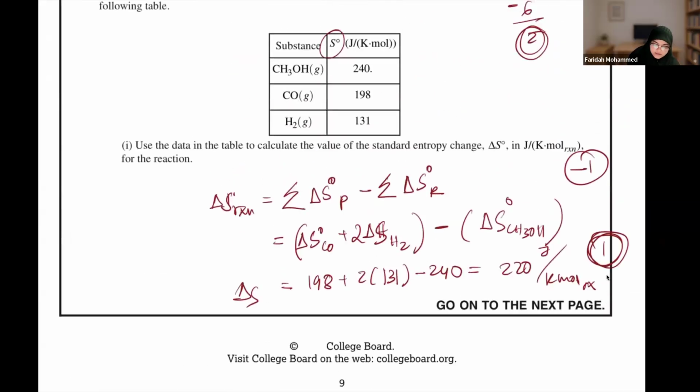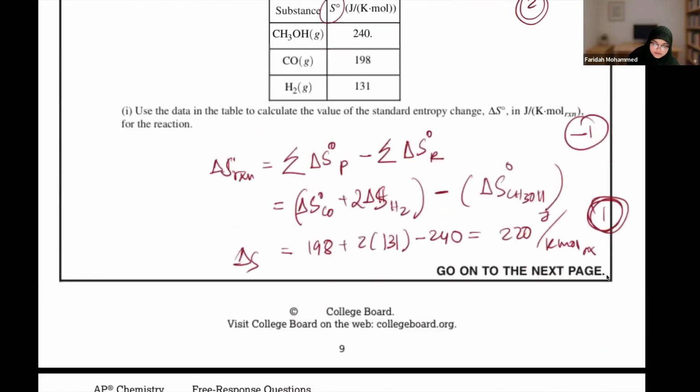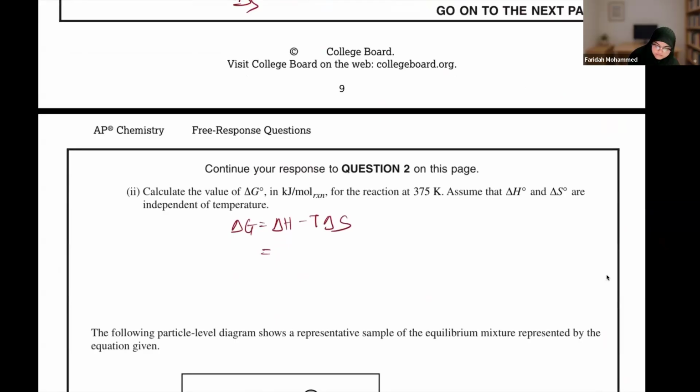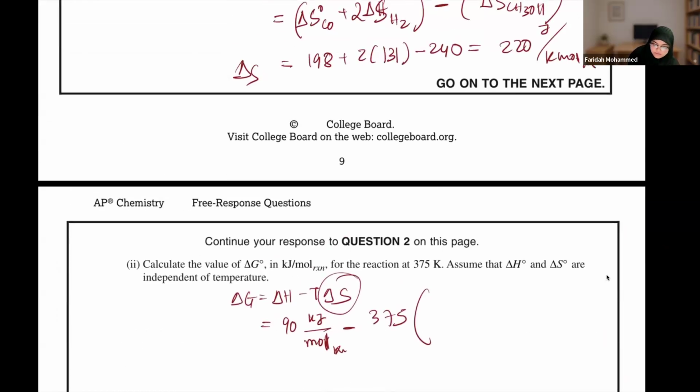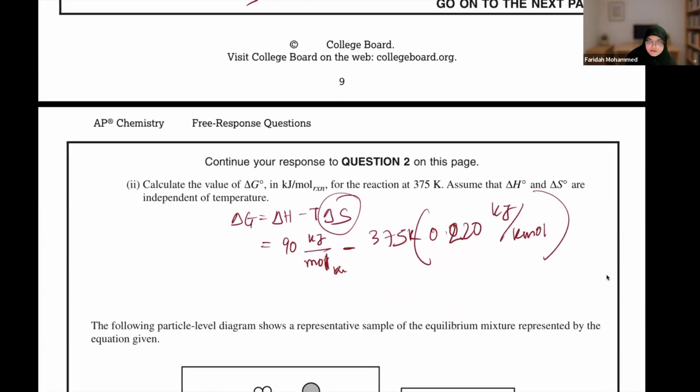So delta H is 90 kilojoules per mole minus the temperature 375 times the converted delta S, which is 0.220 kilojoules per Kelvin mole reaction. And then you do the math, you're going to get 7.5 kilojoules per mole reaction, and this gives yourself 1 point.